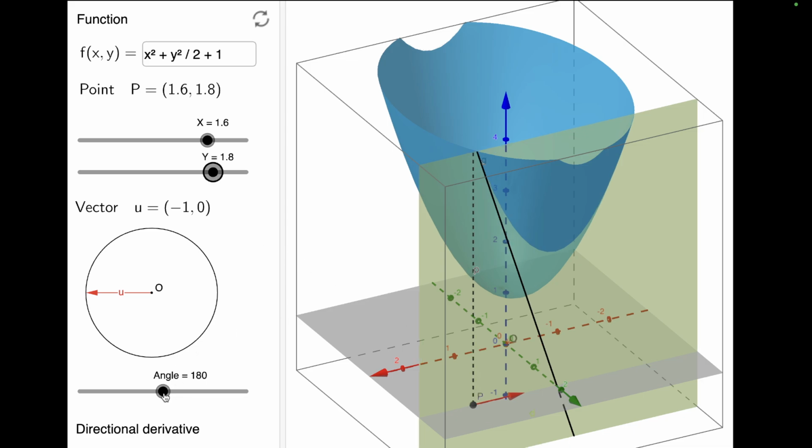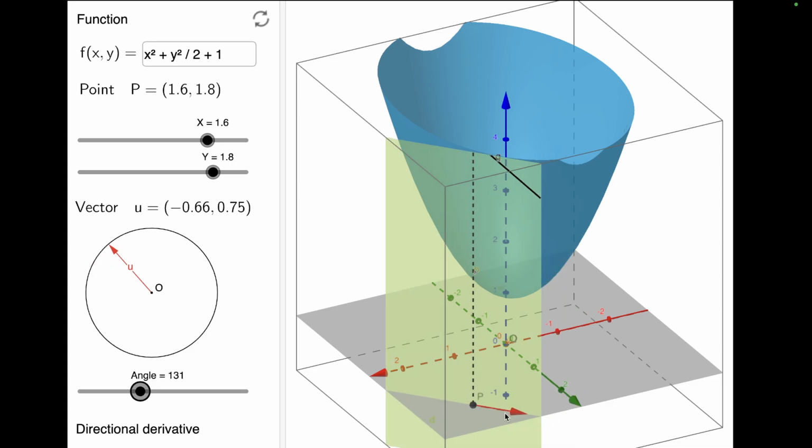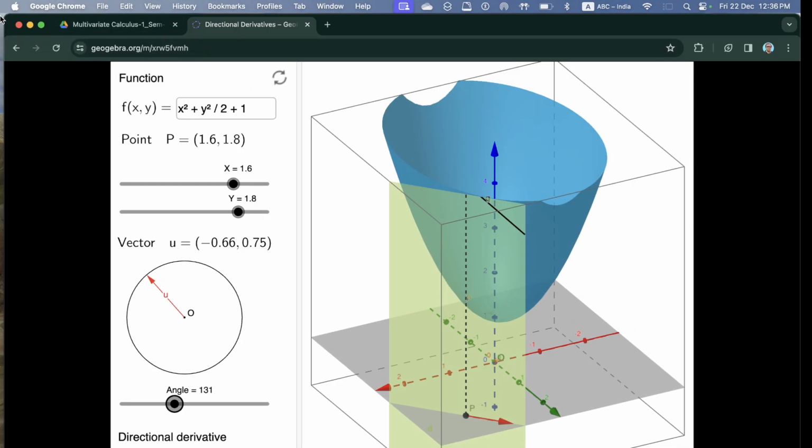And if you change the angle to 180 degrees, this red line is the direction of the unit vector, and the vertical plane cuts this surface along this curve. So at this point we get the directional derivative. It is a beautiful picture from GeoGebra, and you can clearly get the idea from this picture.